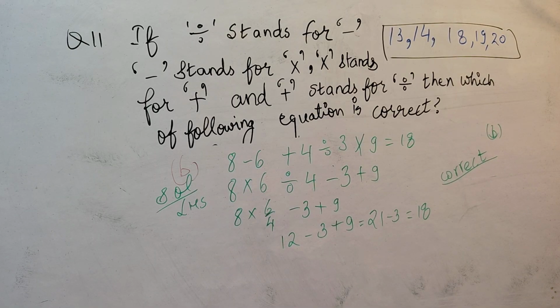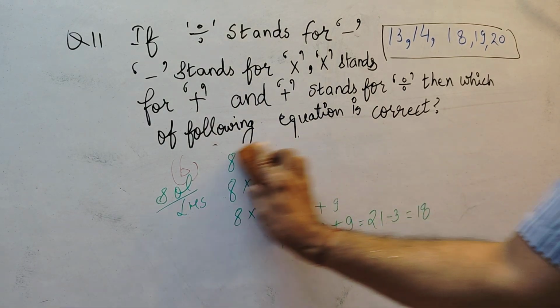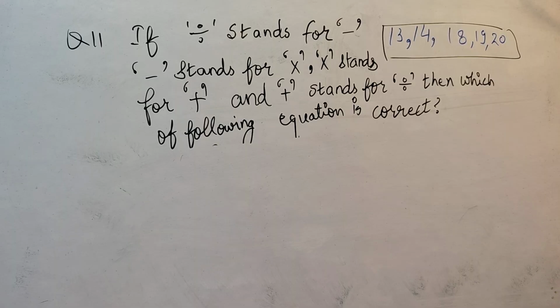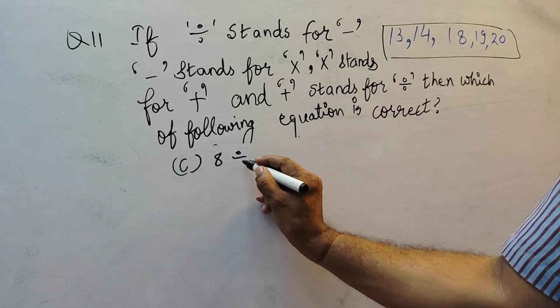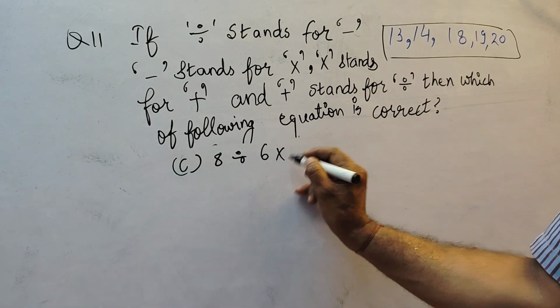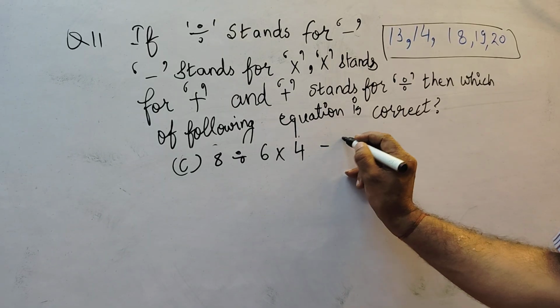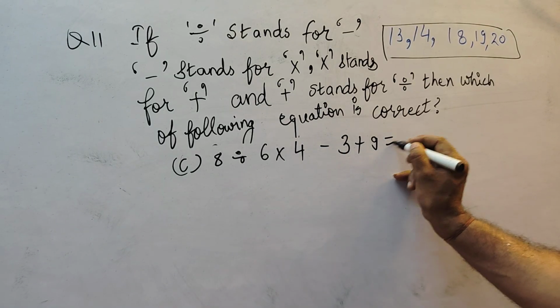Now before giving the answer, we can check the other options also. Come to option C. Option C is 8 divide 6 multiply 4 minus 3 plus 9 equal to 18.